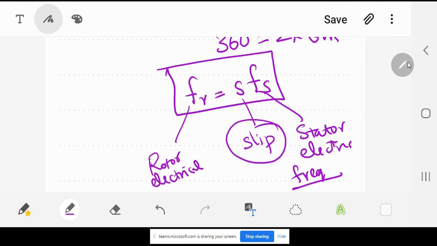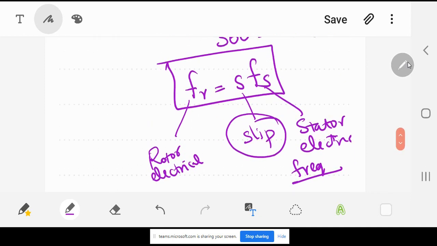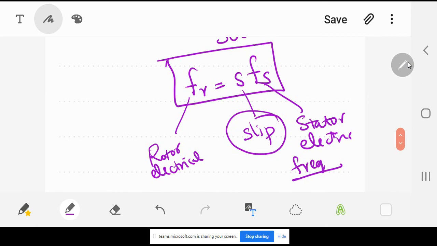I'm repeating this again. The induction motor phenomenon is that the rotor starts to move in the same direction as the stator field because there is an induced EMF inside the rotor. That rotor induced EMF is going to produce a current in the conductor because the rotor is short circuited.